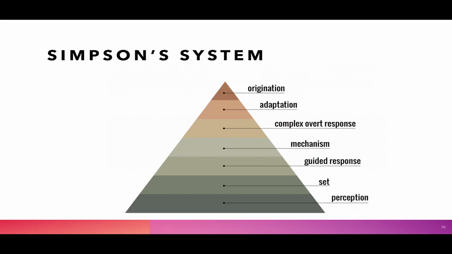The mechanism level involves the student being able to master steps of the skill with confidence. For example, the student is able to repeatedly practice the steps of catheter insertion on the mannequin and has mastered the skill. The complex overt response is the ability of the student to automatically perform a skill with independence and without hesitation.